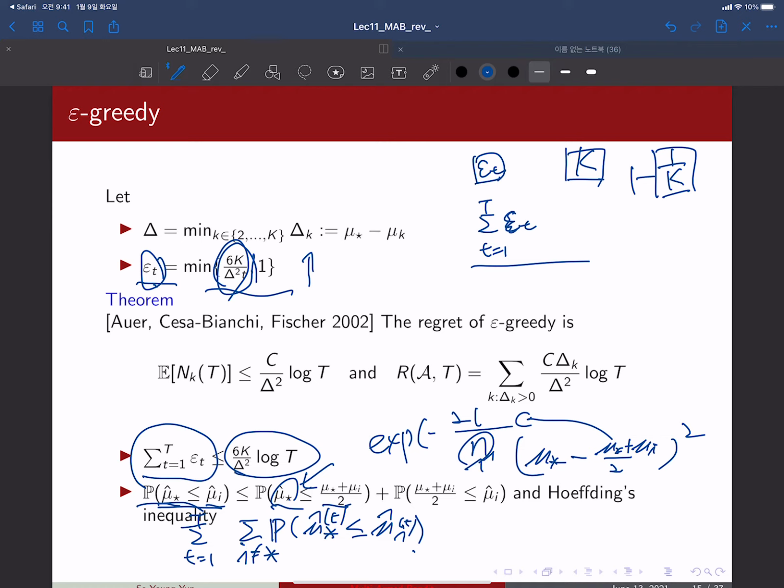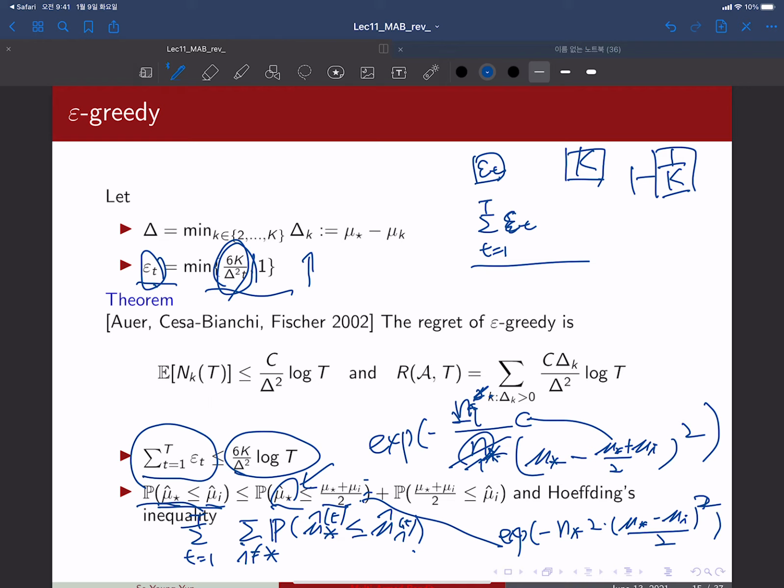So here n star is the number of plays with the best arm. For this case, you can easily bound the probability, and there is an n star square here, so it cancels out. So essentially the probability for this case is roughly exponential of minus n star times 2 times the quantity mu star minus mu i over 2, squared. Alright?